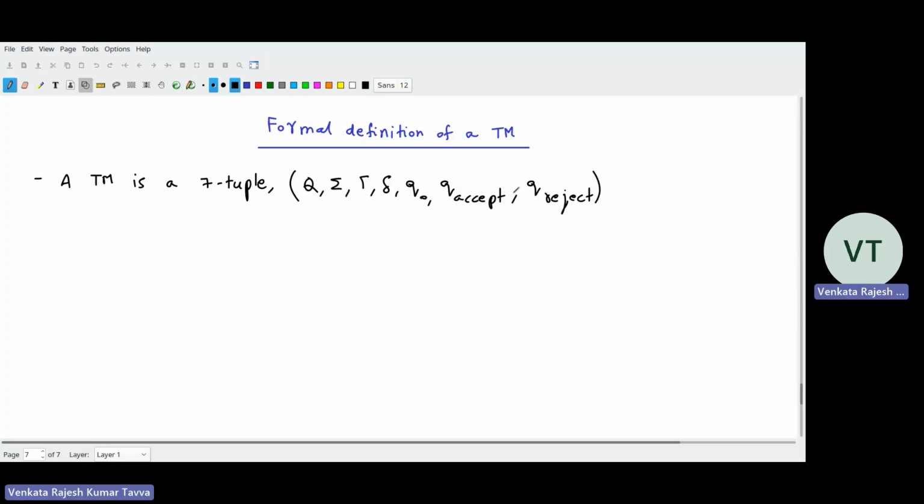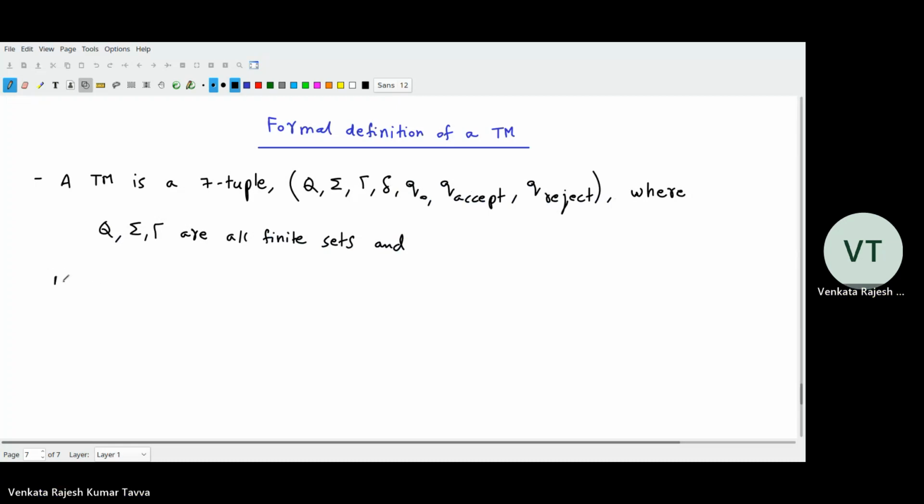PDA was a 6 tuple, where Q, sigma, gamma are all finite sets.